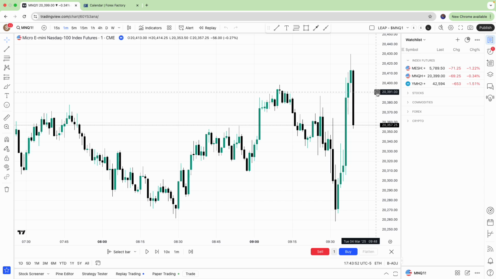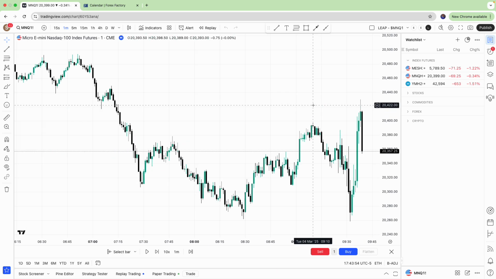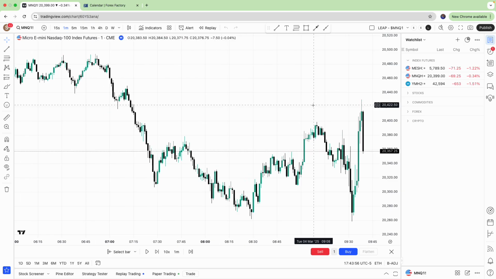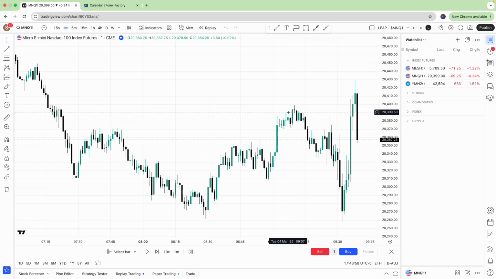And pretty much what the market is usually doing is seeking liquidity. So again, not to get too far into this, but we'll call this buy side liquidity. So this little high up here, this little wick up here, we can see that price sought to go above this, and then it kind of wilted down.